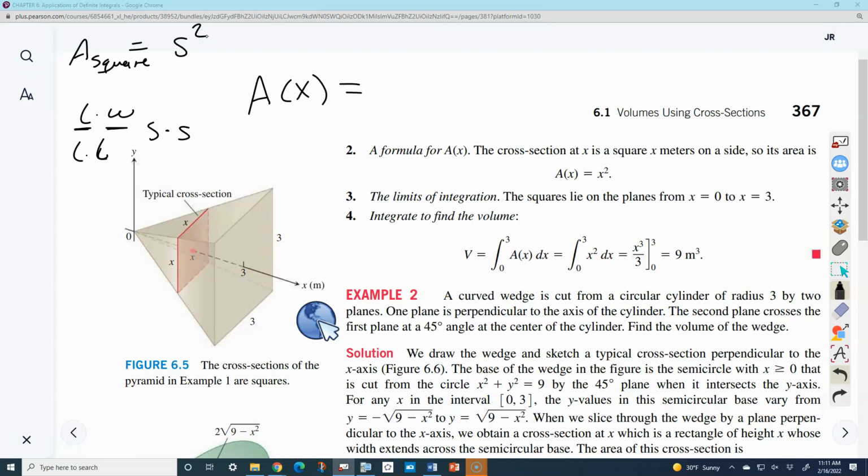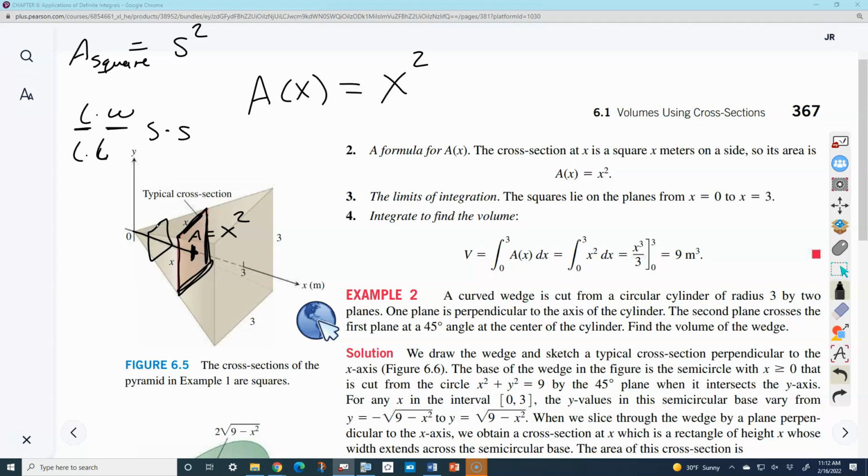As we go down the x-axis, wherever we end up, if we call that x, then the cross-section is a square of side length x. So what is the area of that square? If the side length is x, then the area of that square is x squared. It's x times x. So the cross-sectional area as a function of x is x squared. And that cross-section changes as it moves down the x-axis from smaller to larger.